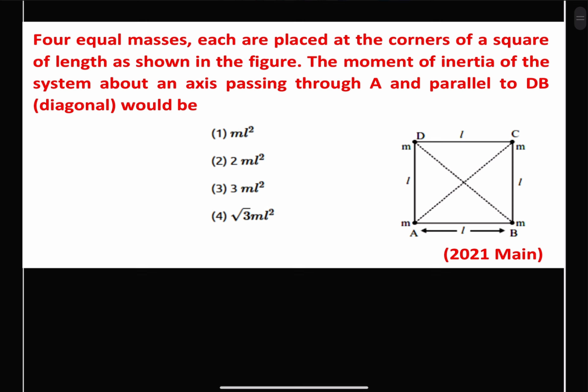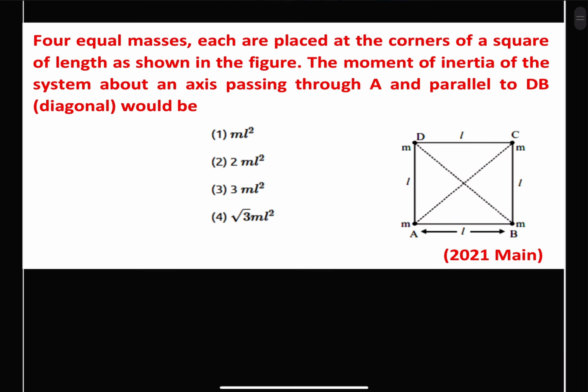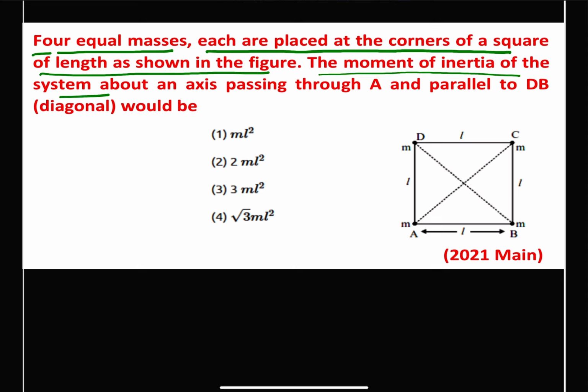So the first question states that 4 equal masses are placed at the corners of a square of length a, as shown in the figure. The moment of inertia of the system about an axis passing through A and parallel to DB, which is a diagonal, would be.